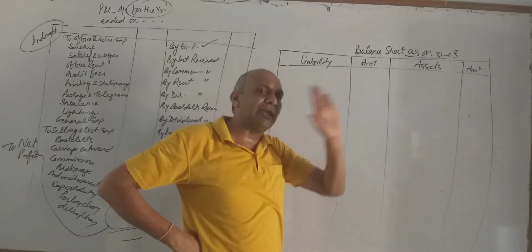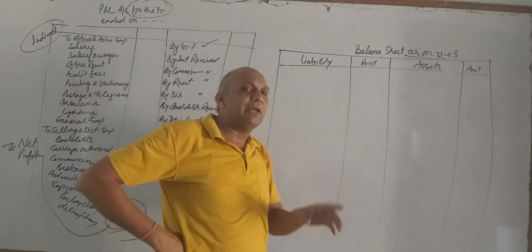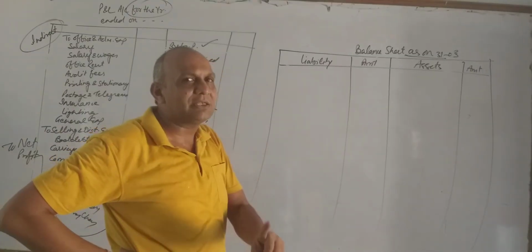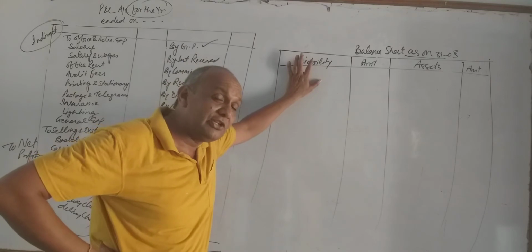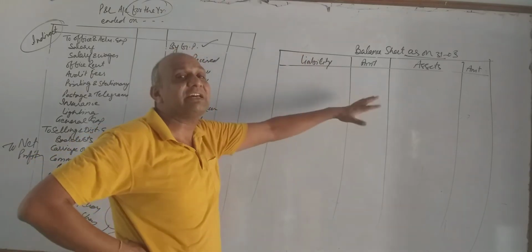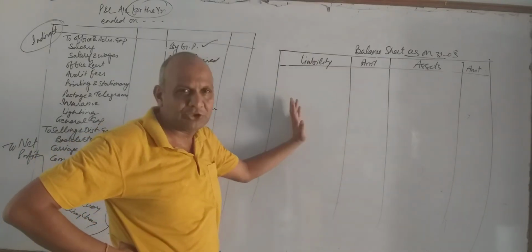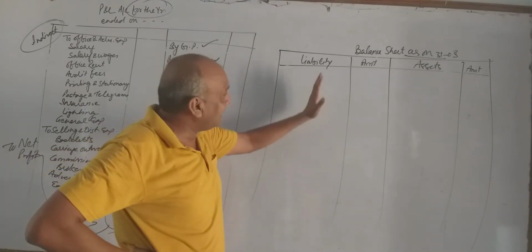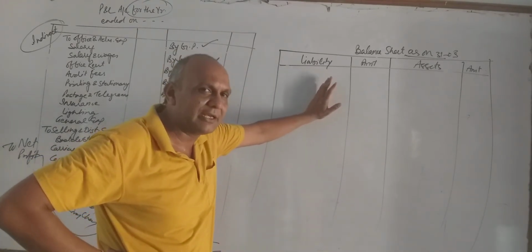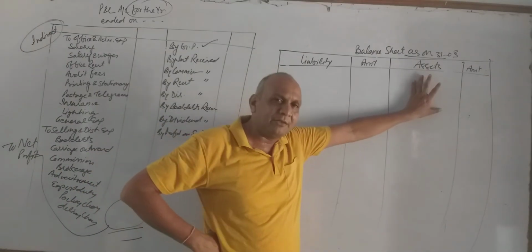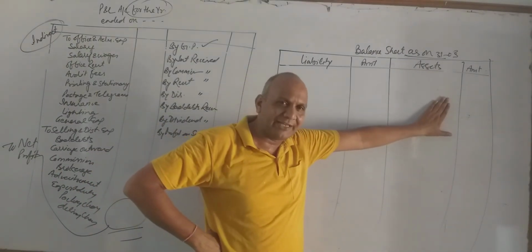Just for your understanding, you can say that as we know our liabilities always come on the credit side, so liability. But here in this balance sheet the sides are opposite. यहाँ side opposite दी गई है, right? Here liability side you can say credit, but it is not credit side, it is liability side. Assets always have debit. We are showing them on the right hand side.